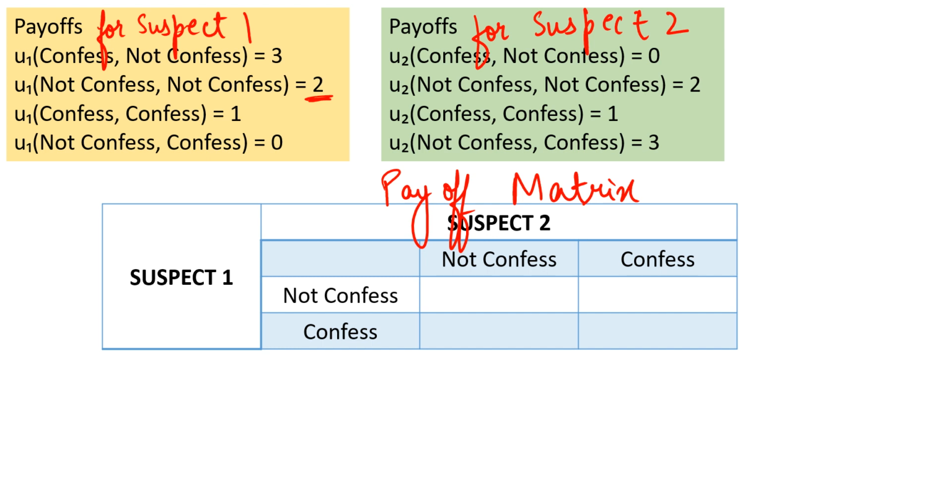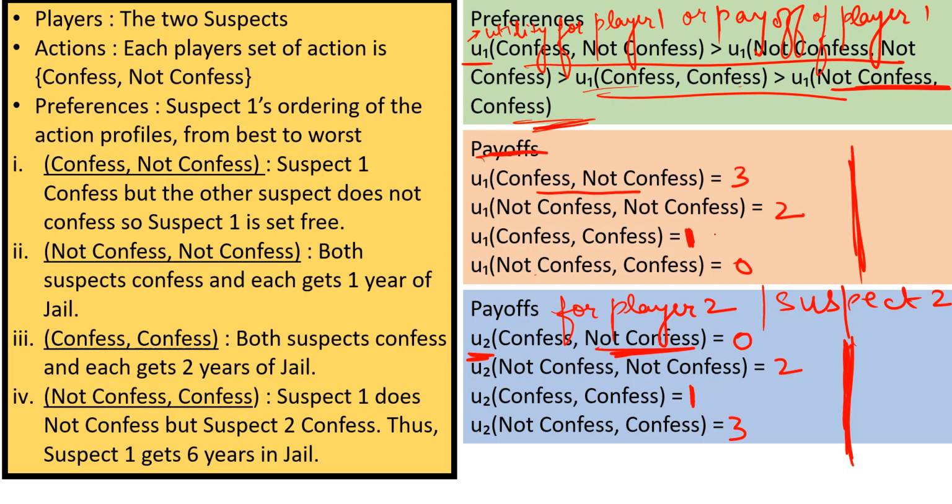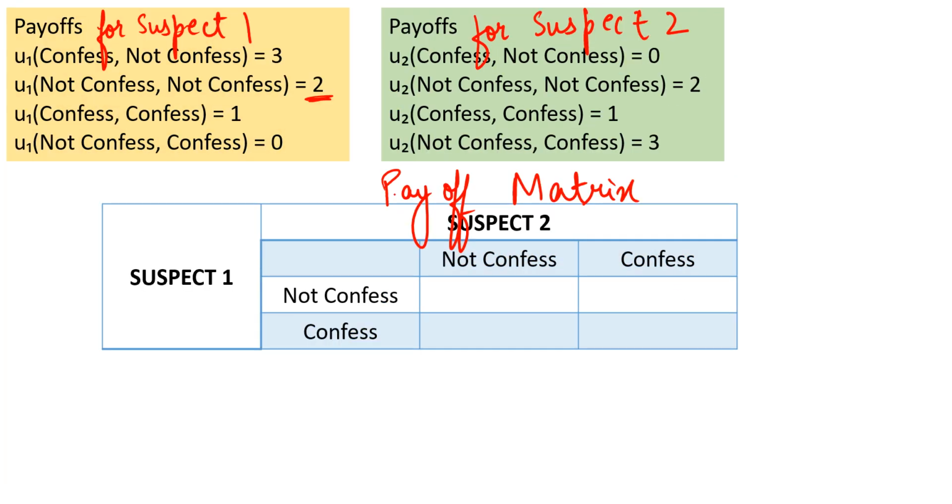You can see it from here also. It's similar. I've simply copied these figures. So if both of them do not confess, the payoff for suspect 1 is 2, and for suspect 2 is also 2.